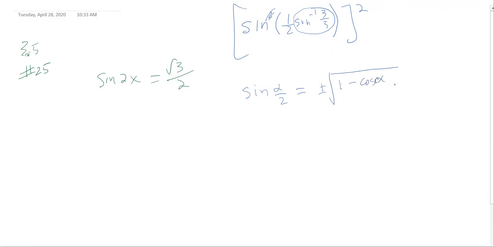So this will be alpha over 2. The idea is that since this is the sine of half of an angle, I can replace this whole expression with this.